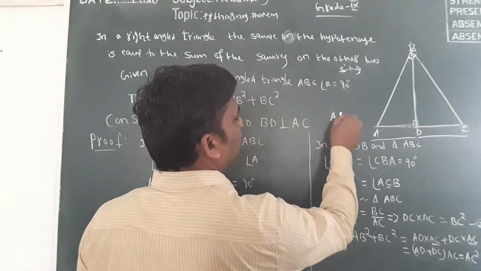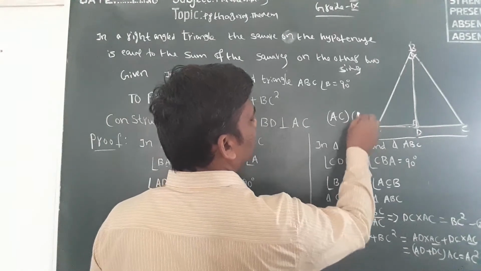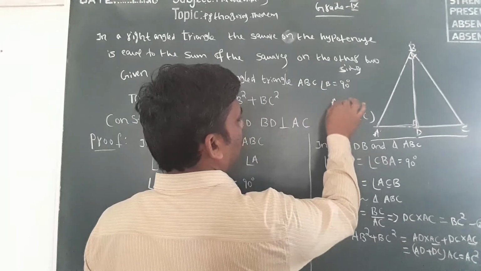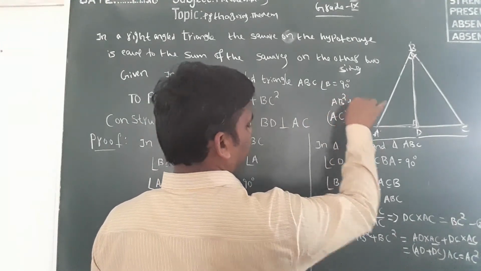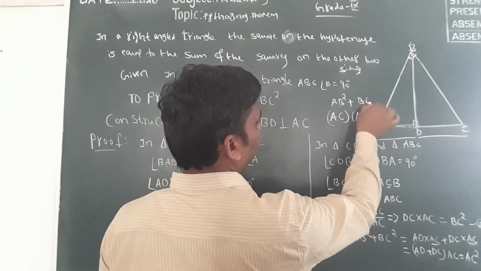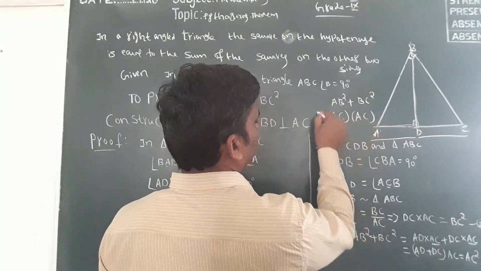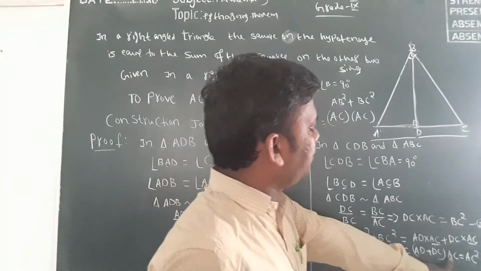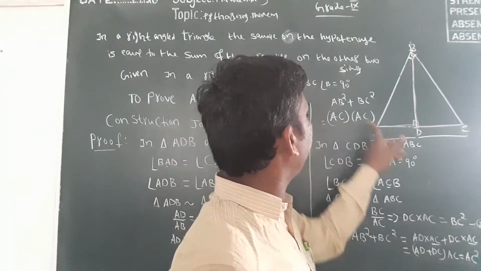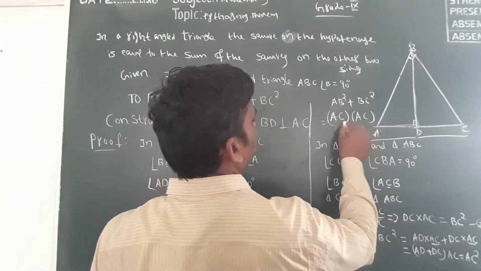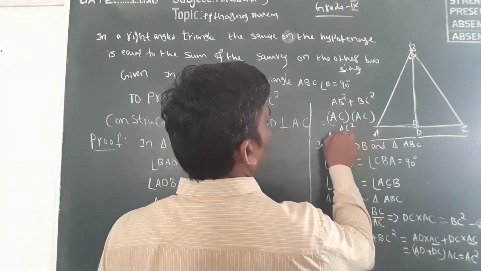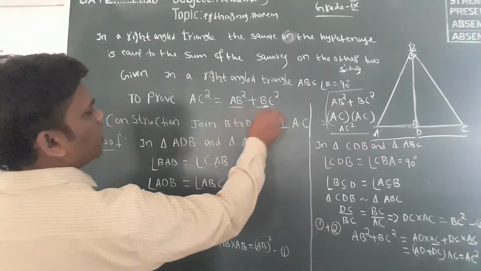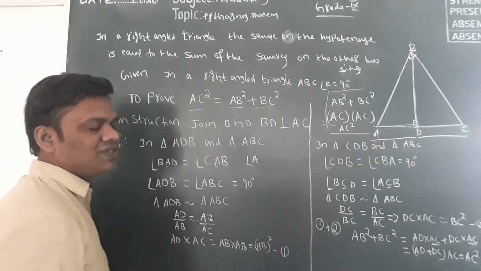So what we wrote: AB square plus BC square is equal to AC into AC, AC square. That we proved just now. So AB square plus BC square equals AC square.